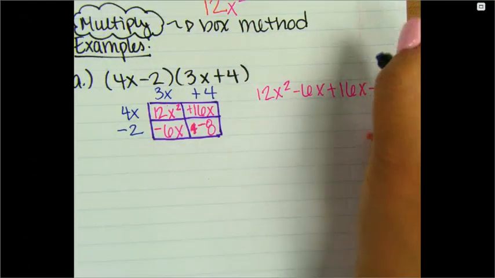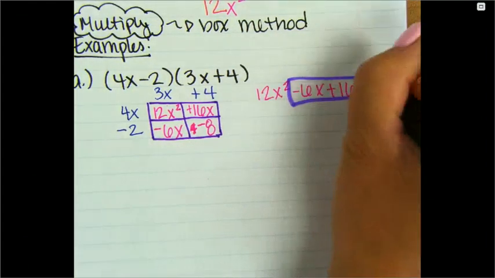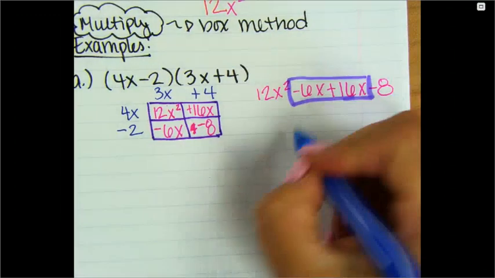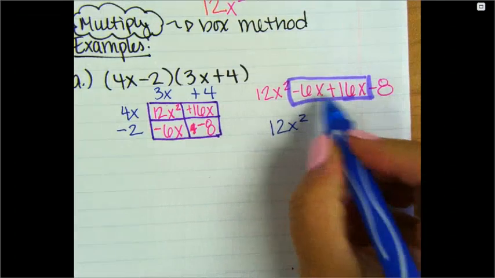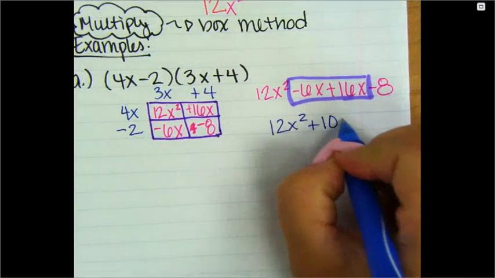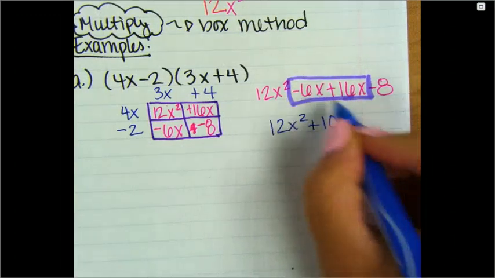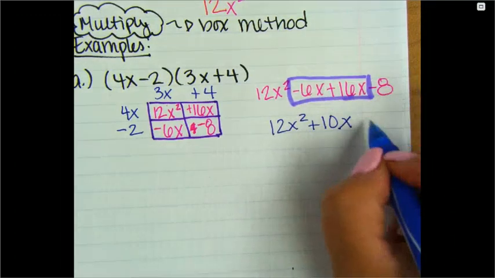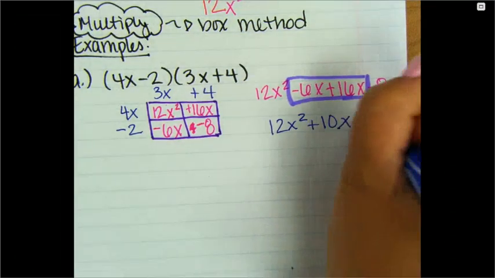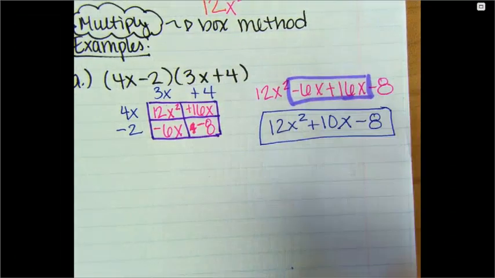Negative 6x and positive 16x. So I have 12x squared. Negative 6 plus 16 is positive 10x, right? That's what you did yesterday. Then we bring down our negative 8. Can we do anything else? Nope, because they're not the same. That's your answer. You're going to box it.